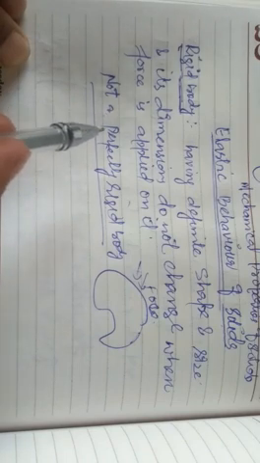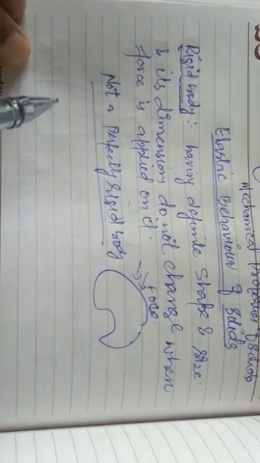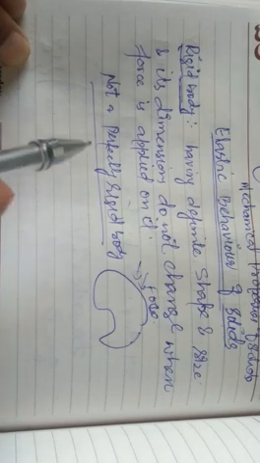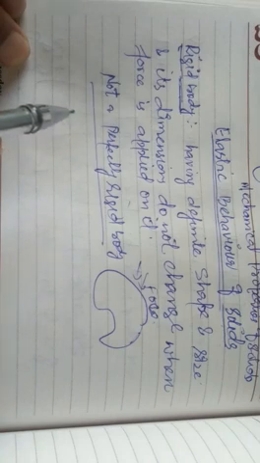Secondly, what should we be aware of? The elastic behavior of materials. What do we mean by the elastic behavior of materials? When we apply force on a body, there is deformation because of the deforming force.